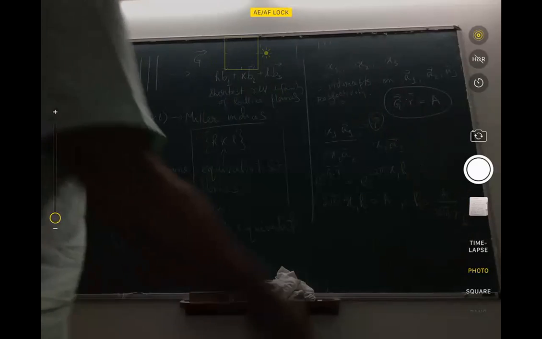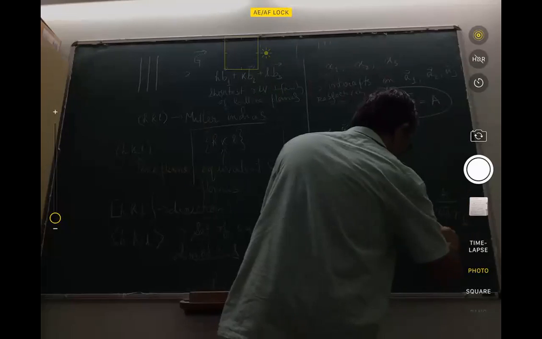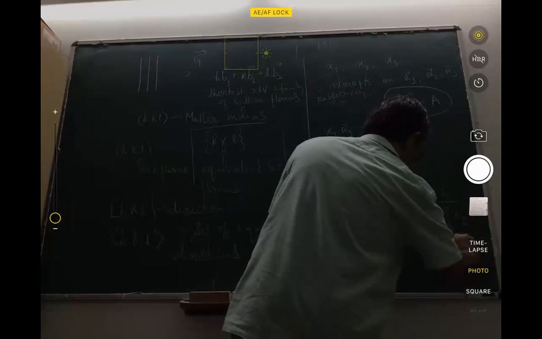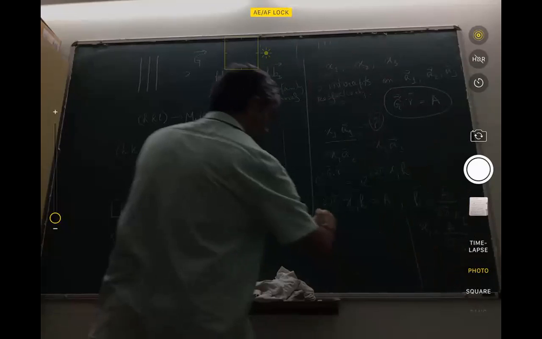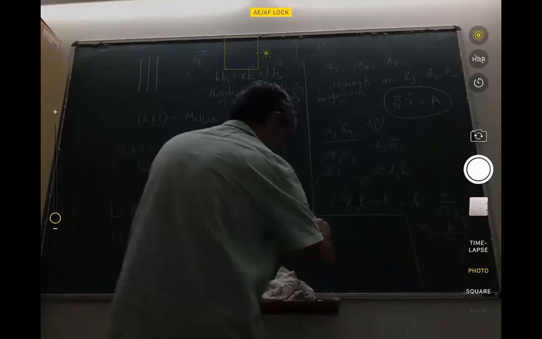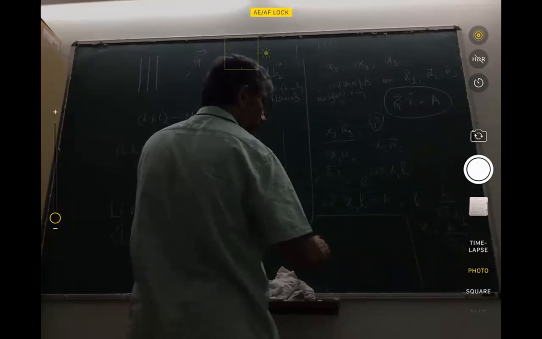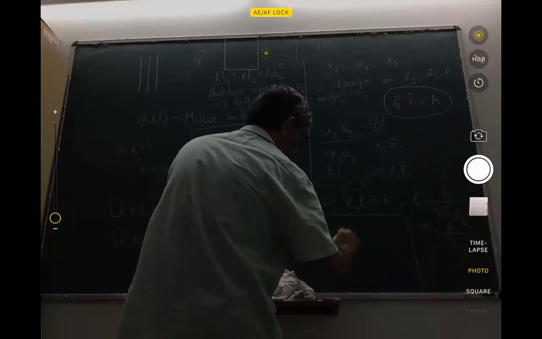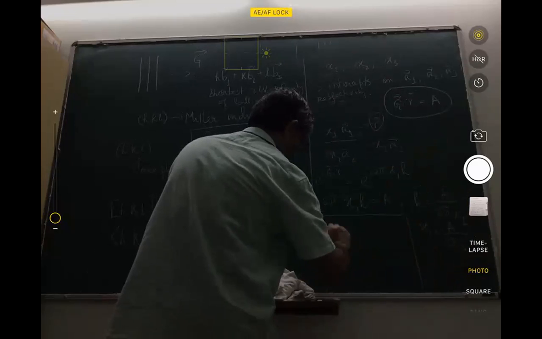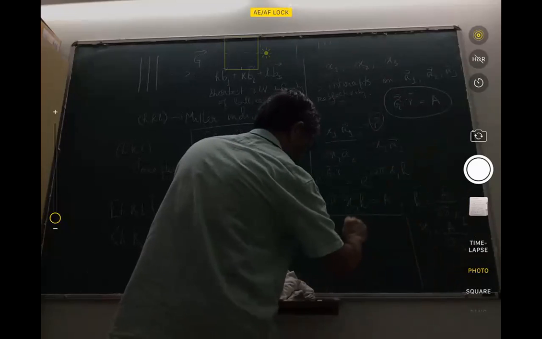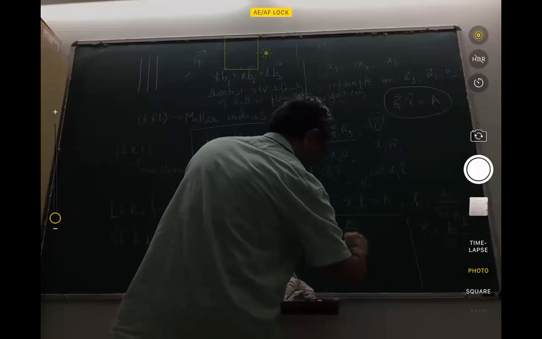Similarly, along the other two axes, k is proportional to 1 over x2, and l to 1 over x3.